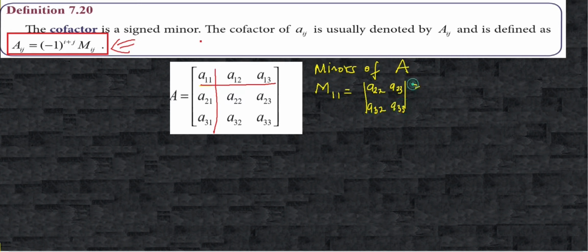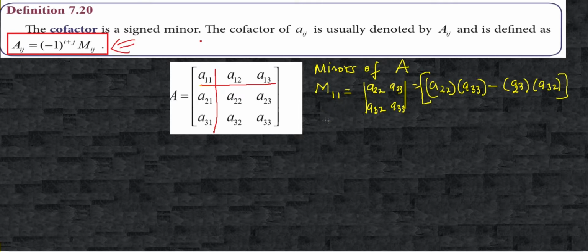Obtain the determinant. That's going to be A22 multiplied with A33, followed by a minus sign and A23 multiplied with A32. So this is the minor M11.